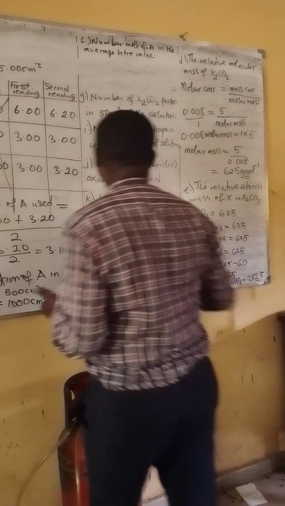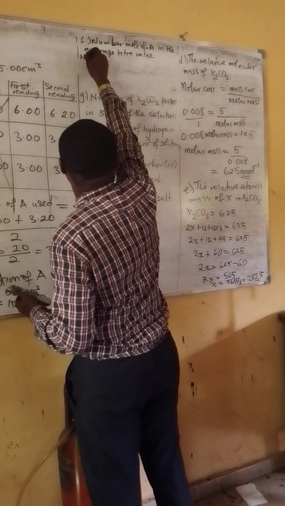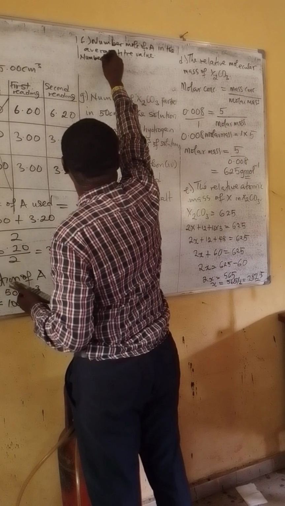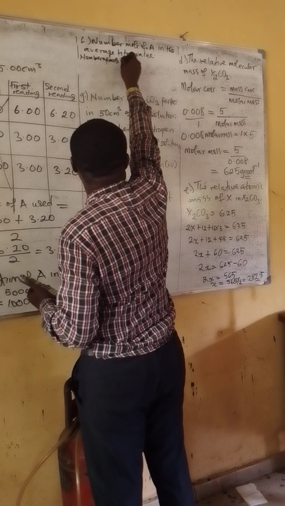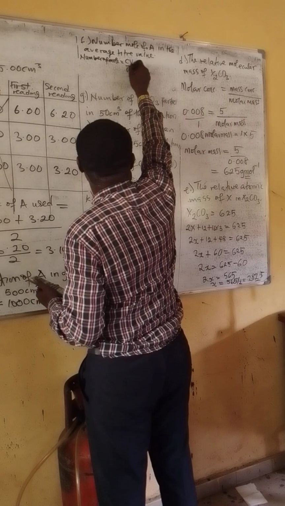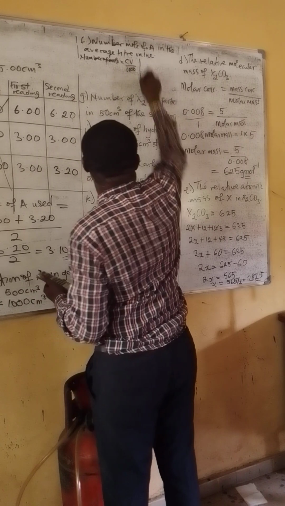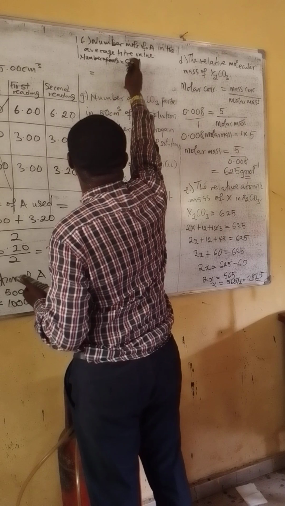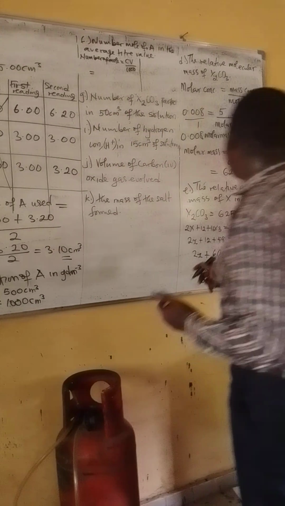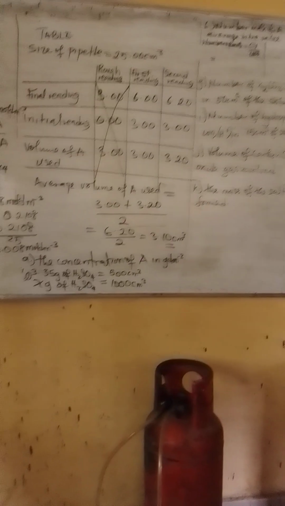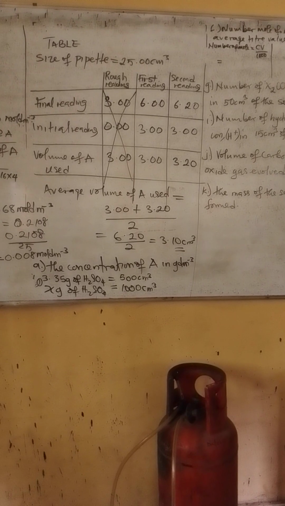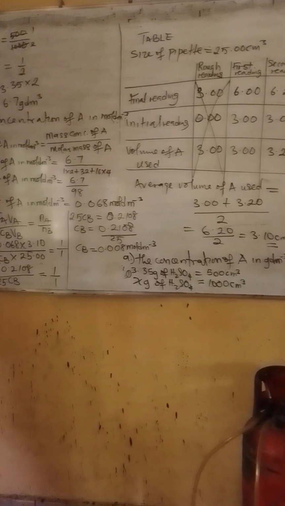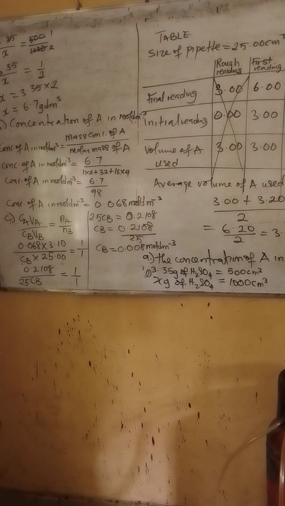So the formula for number of mole is equal to CV over 1000. Now, what is C? Concentration of A in mole per dm cube, which we had gotten before. That is here.